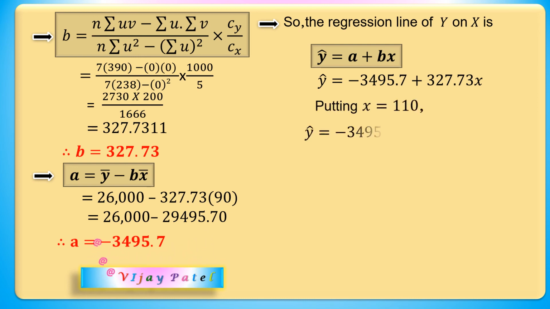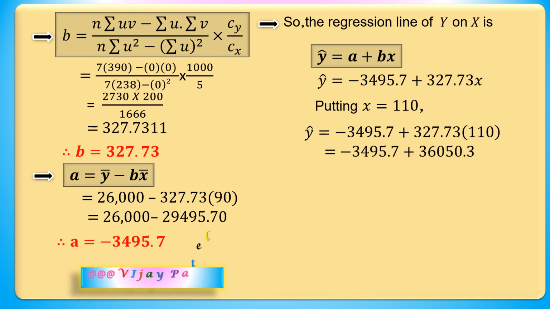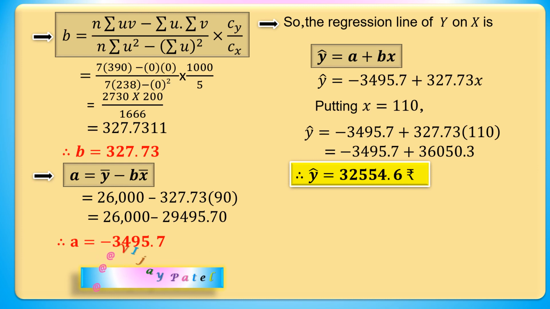327.73x. Putting x is equal to 110, y cap is equal to minus 3495.7 plus 327.73 into 110. So minus 3495.7 plus 36,050.3. Therefore, y cap is equal to 32,554.6 rupees.